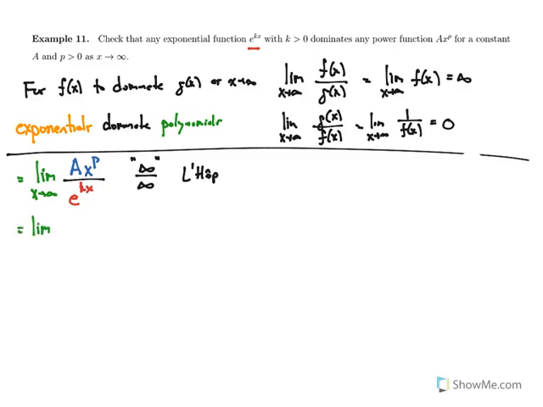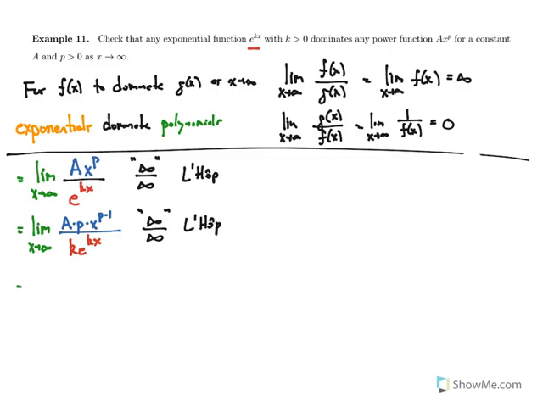L'Hopital's rule says that you take the derivative of the top and the bottom separately, so let's do that. Here you'd have a times p x to the p minus 1, and the bottom here you would have k e to the kx. And again, you would get infinity over infinity, and you could do L'Hopital's rule.